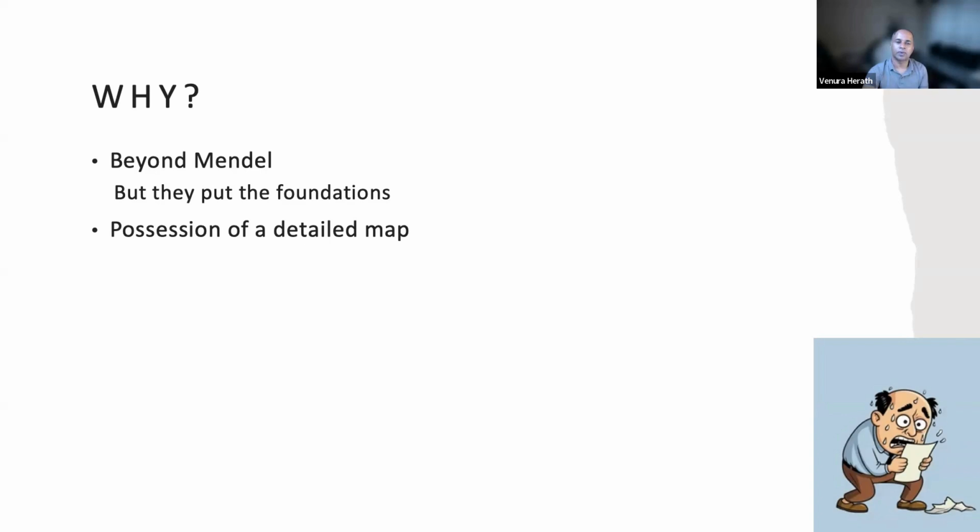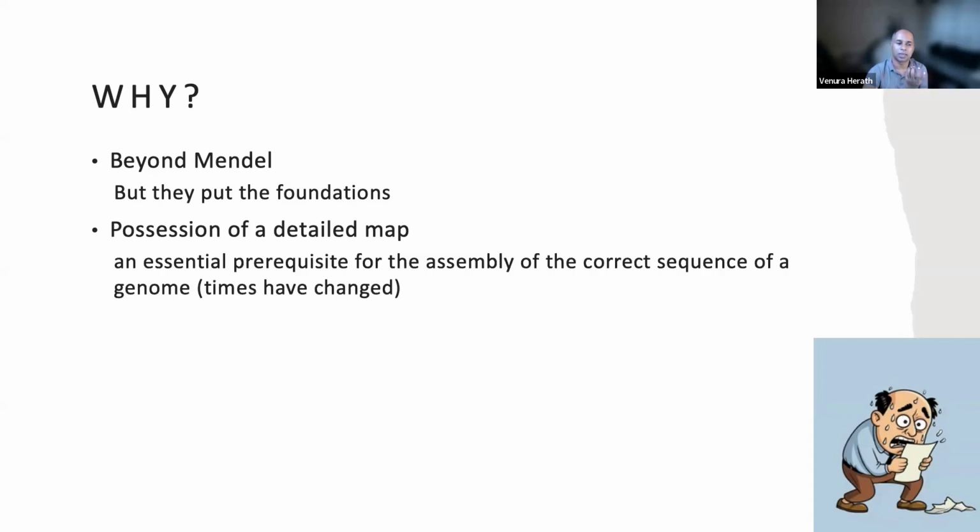And a very detailed map can be an essential prerequisite for the assembly of the correct sequence of a genome. Okay, so we use the map as a blueprint in order to assemble our genome.